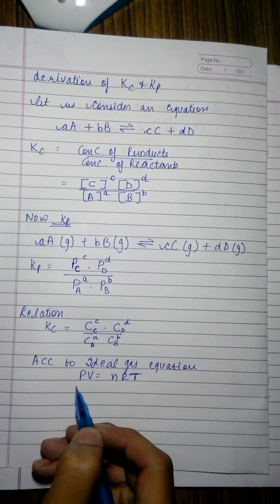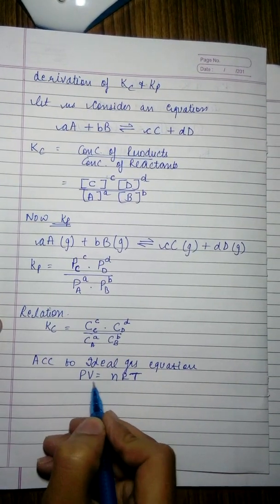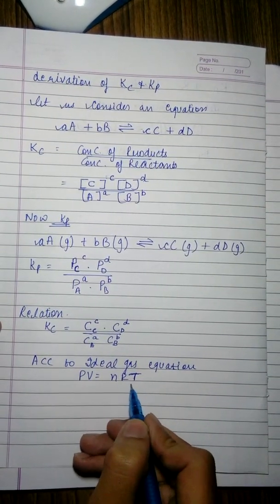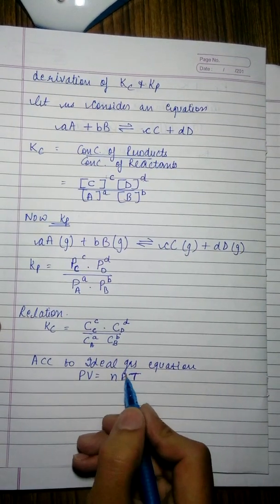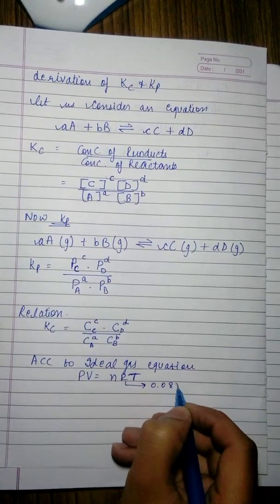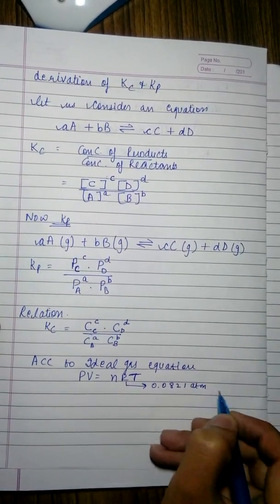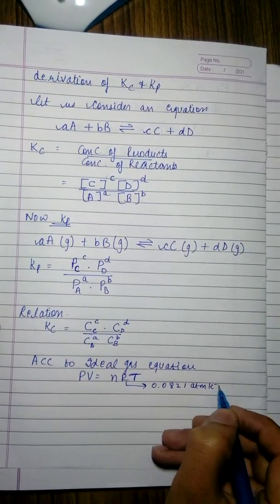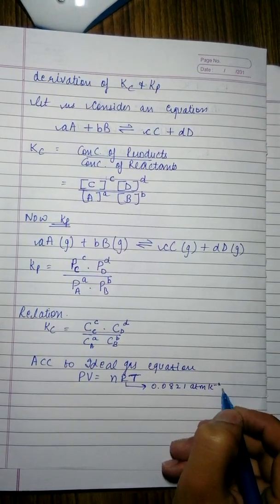Here P is pressure, V is volume, n is number of moles, T is temperature in Kelvin, and R is a constant whose value is 0.0821 atmosphere per Kelvin per mole.